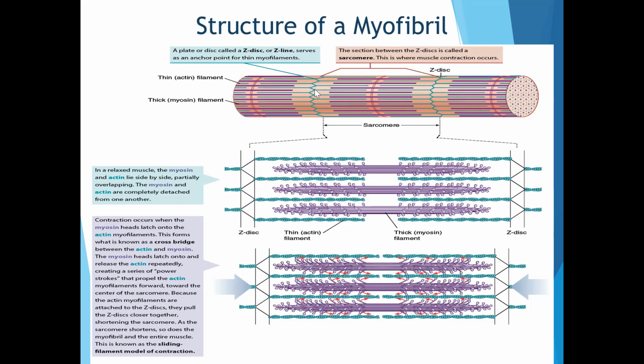The Z disc itself is basically an anchor point for the actin, and then in between the Z disc is known as the sarcomere. So from here to here is your sarcomere. And these are kind of together in chains and make up the muscle fiber.